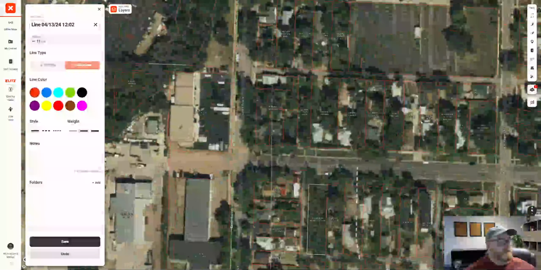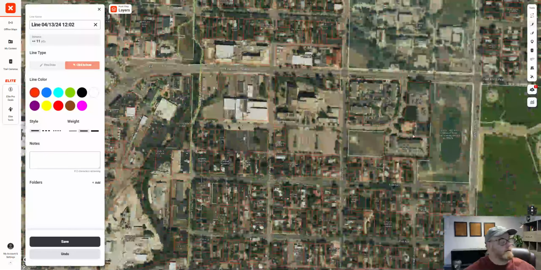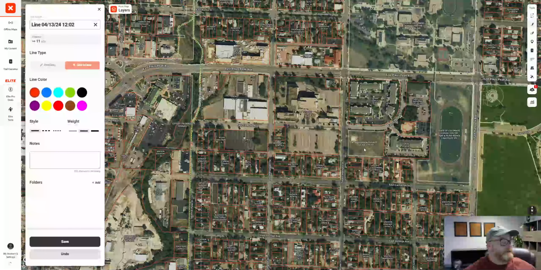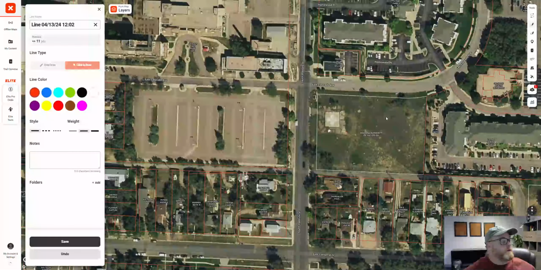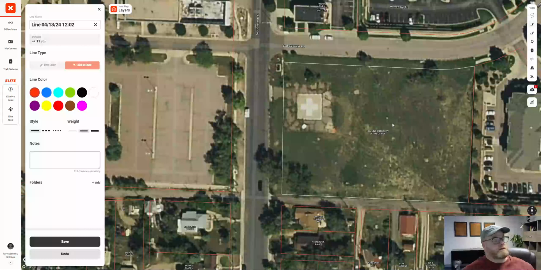And you could zoom in here, and there's a line going through a building, and see, here's a housing authority parcel in Colorado. With a landing pad on it, you're like, well, where's the housing authority parcel? There it is, right there. But is this property line over here?